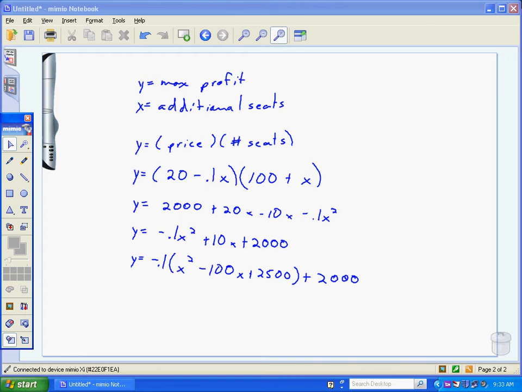So I'm going to add 250, because we got to multiply this out to see what we actually put into the equation, and I have to balance it. All right, and that's a perfect trinomial again. So I'm going to quickly factor it. Negative 0.1 times (x minus 50) squared plus 2,250.